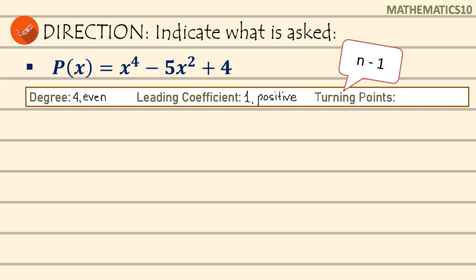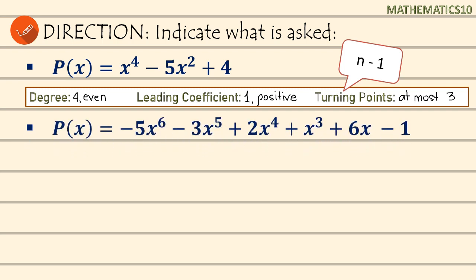So 4 minus 1 is 3. Therefore, the number of turning points would be at most 3, or a maximum of 3 turning points. Therefore, we may have 3, 2, or 1 turning points. So that's it. Okay, next example.